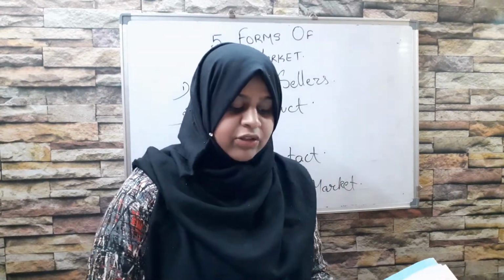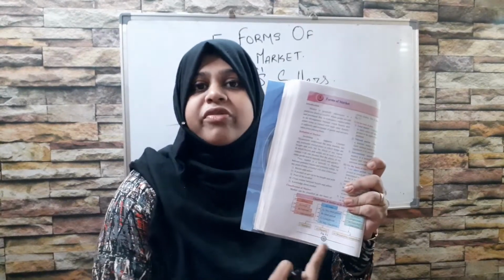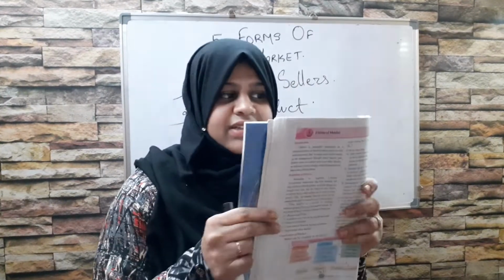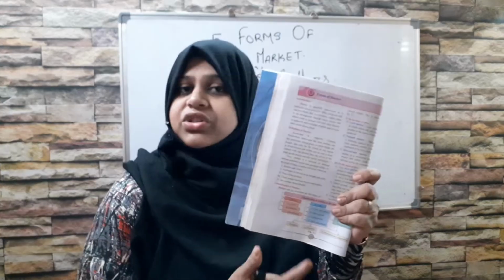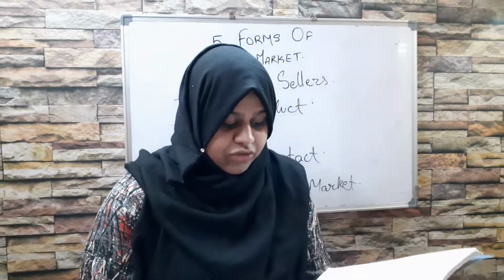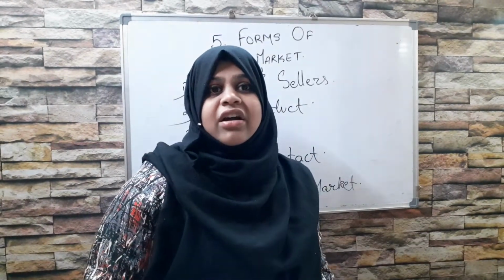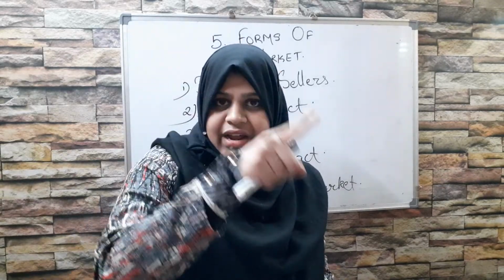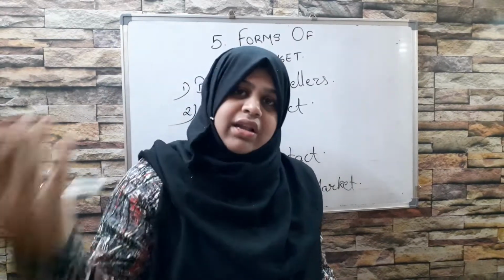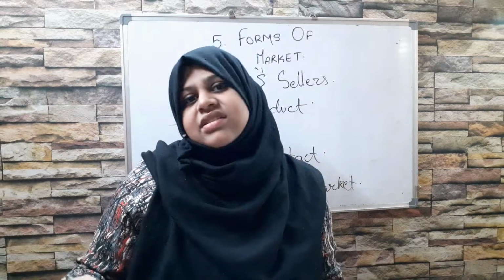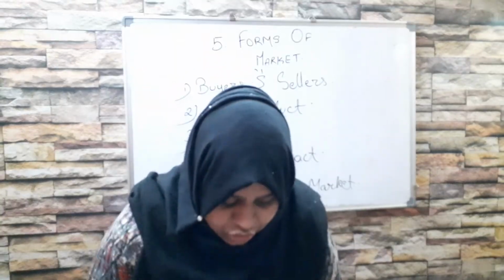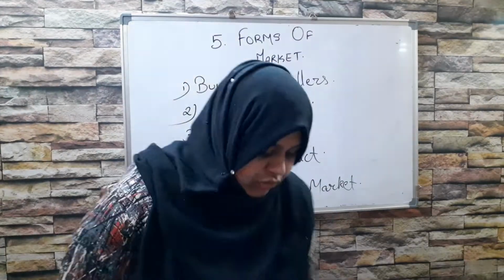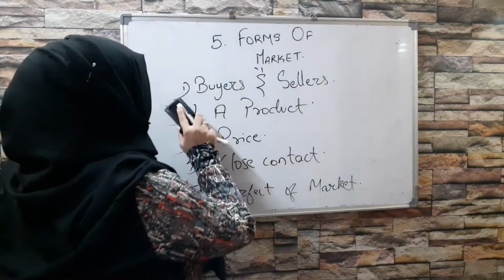Those points are given in the form of a diagram to you. It's like a flow chart, and it is very important. You have to mark this as important, and if you learn this entire diagram, you will be able to answer the questions correctly in a systematic form. So we will start with this diagram now. We'll just erase this part.